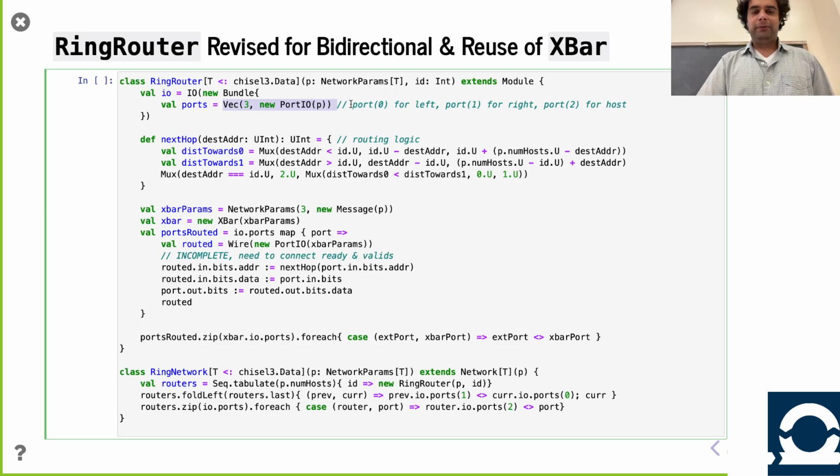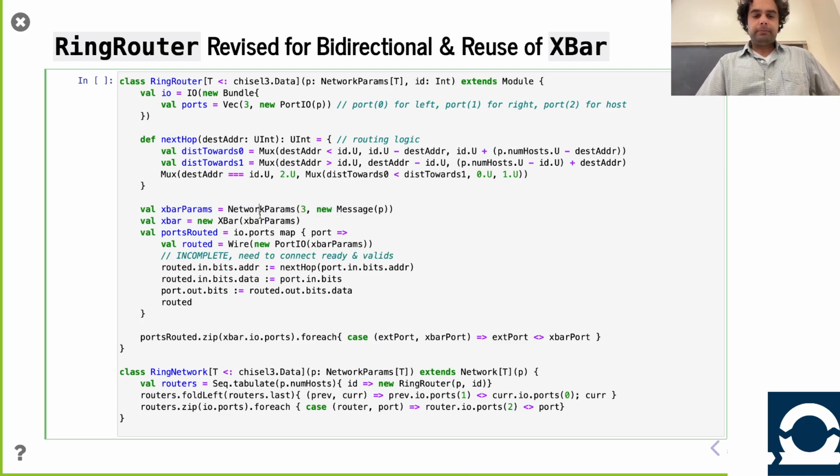So for now I'm using a comment, but you can imagine maybe you'll use an enum to make your code cleaner in the future. But how does it all come together? Well, notice how we have inside of a router now a crossbar as promised, right? And it's not using the same network parameters for the entire network, it's using parameters for just this crossbar, which we say, oh yeah, we want three ports, we got that.